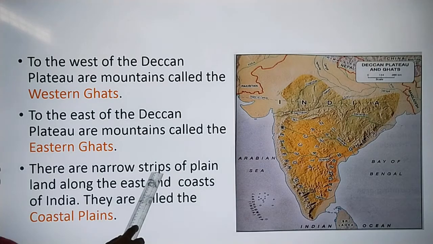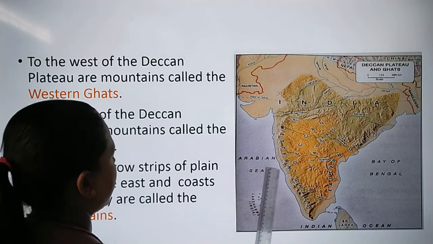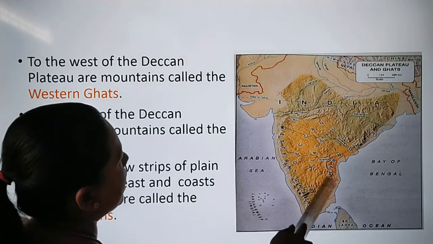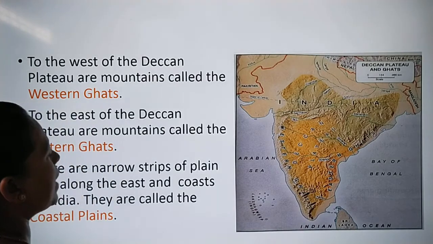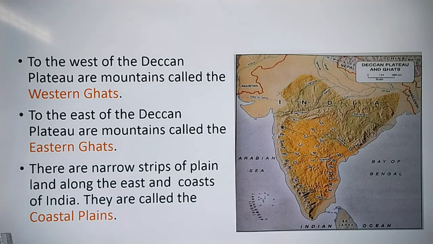There are narrow strips of plain land along the eastern coast of India. They are called the coastal plains. So this is Western Ghats and Eastern Ghats, and this coastal plain, which is narrow strips of plain.